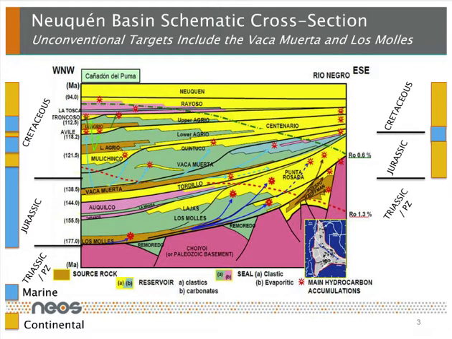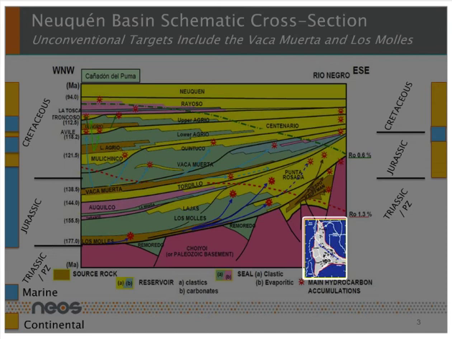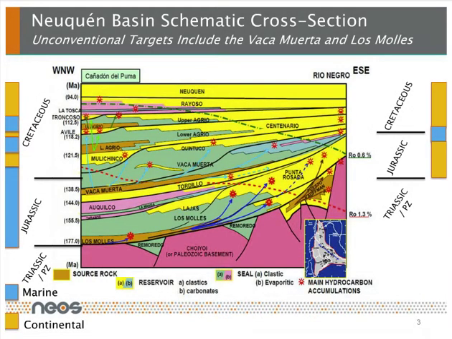The basin fill is shown in this schematic cross-section, with the line of section shown in the lower right-hand side of the slide. The Paleozoic basement throughout the basin is overlain by alternating sands, shales, and a few carbonates of Jurassic and Cretaceous age.